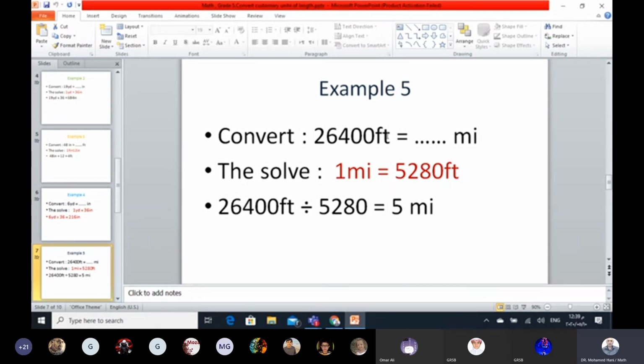So here I want to convert from small unit to the big unit, so here divide. Divide by what? By 5,280. So take 26,400 feet divided by 5,280 will be 5 miles.